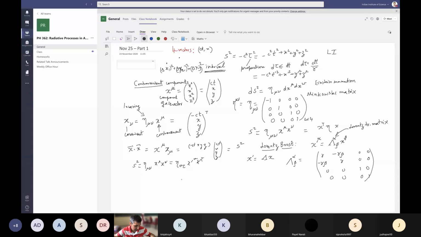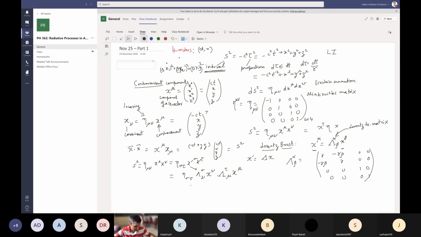This is equal to eta sigma tau lambda sigma nu x nu, I'm just writing this using the definition of transformation of a vector x, and this is lambda tau mu x mu.